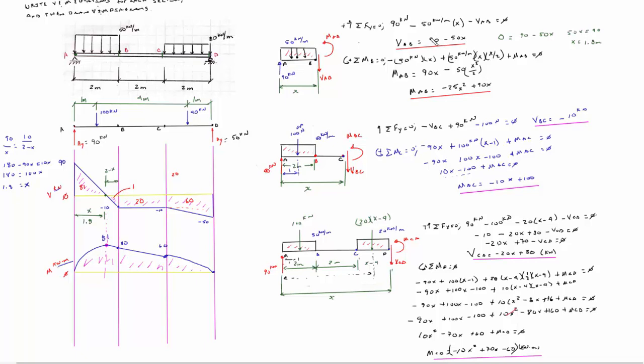If I plugged in anywhere from A to B with this equation, and let's say I wanted to do 1, I put 1 there, so that'd be 90 minus 50, which would be 40. You could say that point right there is 40 kilonewtons.